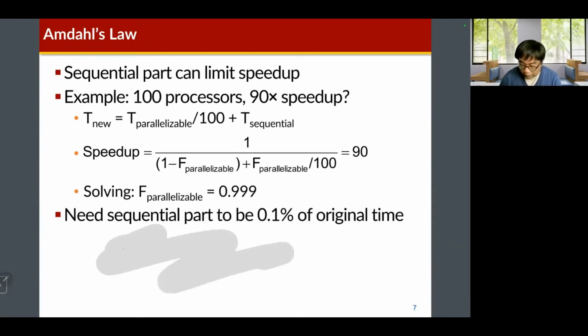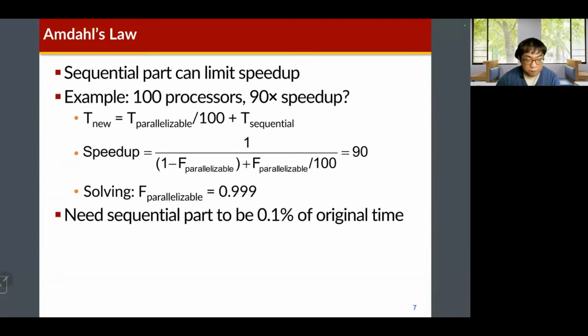When I mention Amdahl's law, I said that we can split our workload into the workload which can be improved, and the workload which cannot be improved.